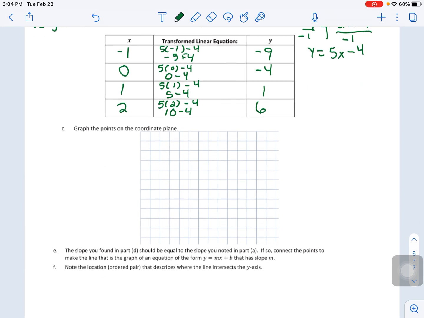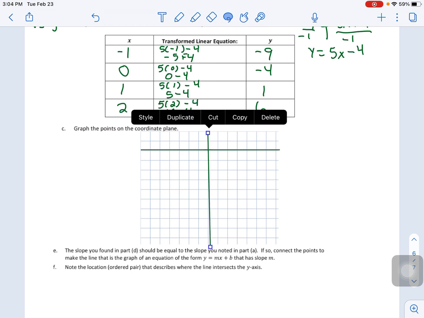We do need negative y, so I'm going to plug in, well, if I draw my line straight, I'm going to plug in up here, so that it moves a little bit easier, and put that here.